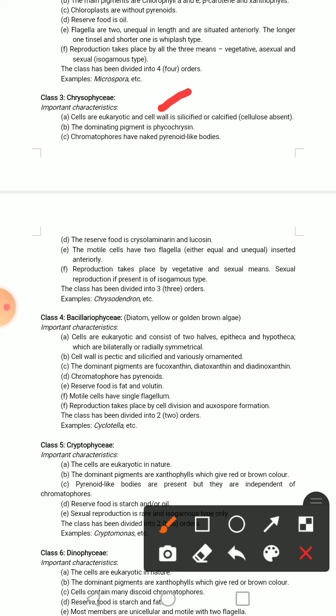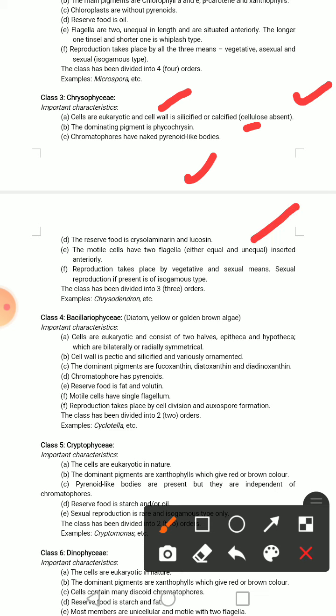Chrysophyceae important characteristics include: cells are eukaryotic and cell wall is silicified or calcified. Cellulose is absent. The dominating pigment is phycochrysin. Chromatophores have naked pyrenoid-like bodies. The reserve food is chrysolaminarin and leucosin.